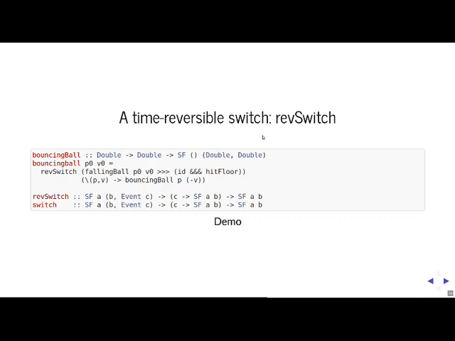And I included in Yampa this reversible switch that just does the right thing. It just calculates what's the point when it's switched, the time when it's switched, and it either applies a normal switch forward, or the normal signal function forward, or the original one past that point backwards.